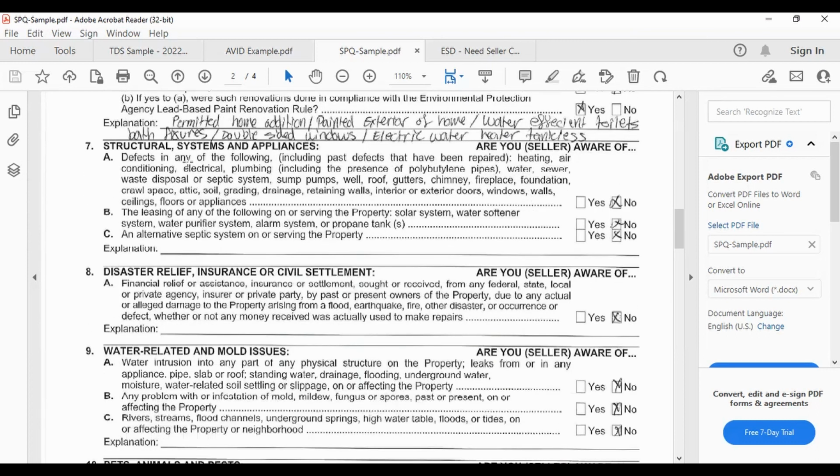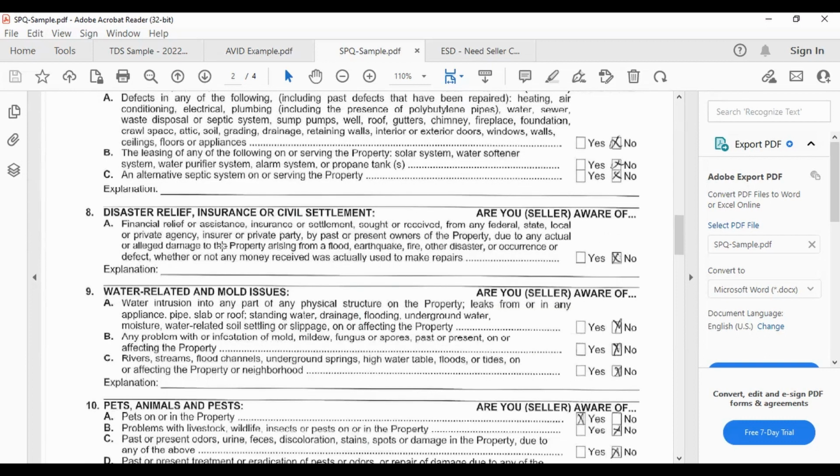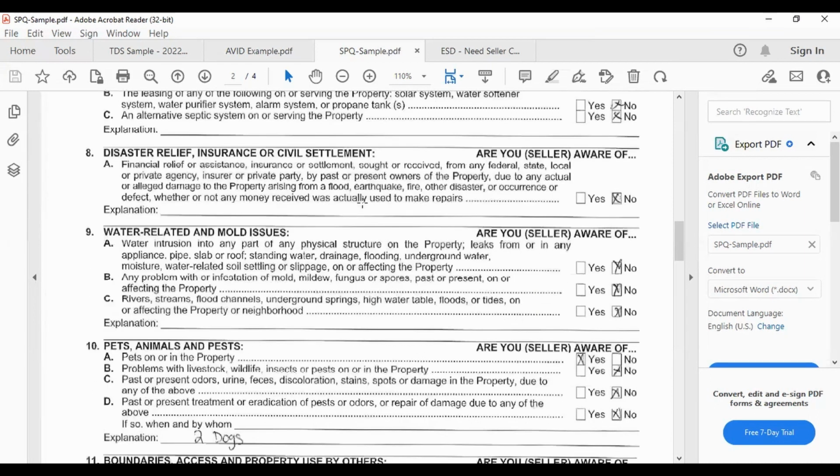Okay. It asks about any structural systems issues, any appliance issues, and so forth. Any disaster relief, insurance, or civil settlements. Once again, don't sweep things under the rug.